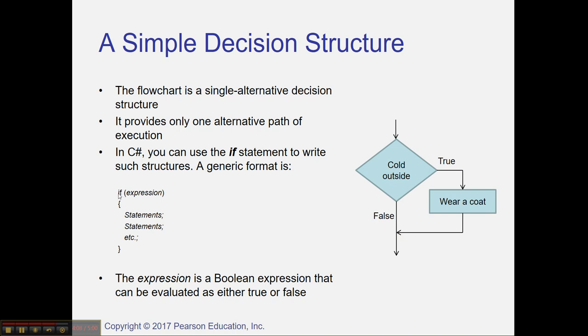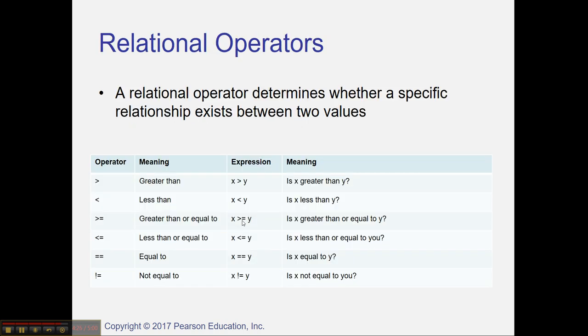So the if statement is really a fundamental block of code that we're going to be using throughout this course. And it's really not that difficult if we just think about it in a logical way. If it's cold out, then write out a statement that would say, wear a coat. All right. So to do that, we're going to have to look at relational operators.